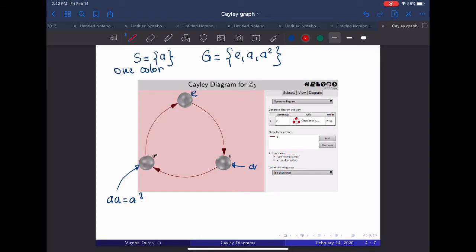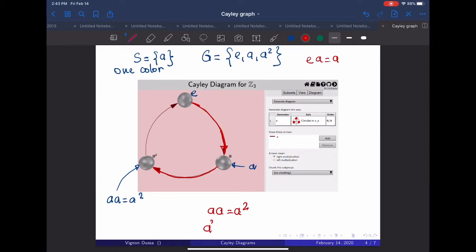So if I multiply E by A, I get A. So the vertices E and A are joined by this edge, which is red. And now if I take A times A, that'll be A squared. So the vertices corresponding to A and A squared are joined by this directed edge.